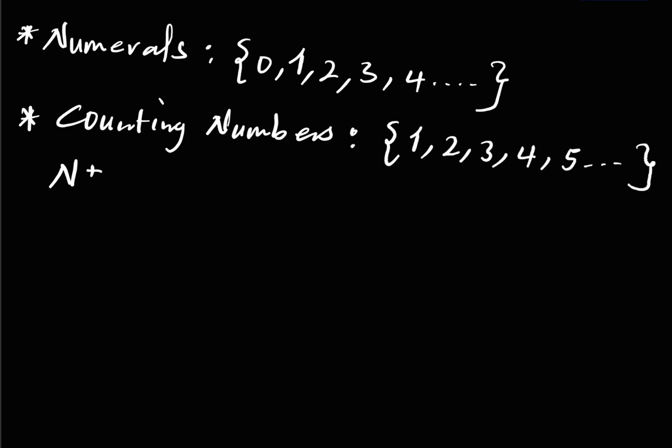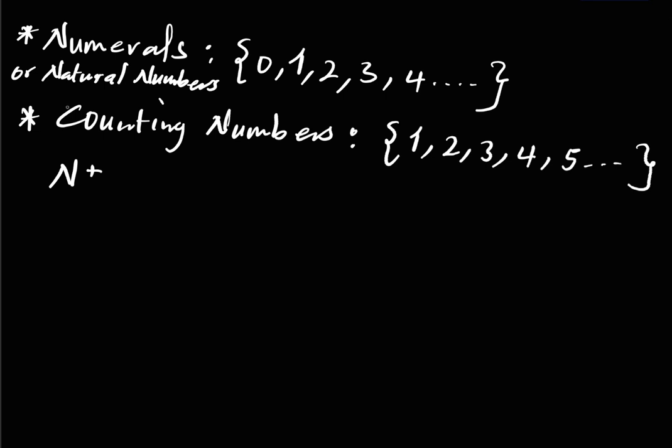Let me add that here: numerals or natural numbers, because they are the same. They start from 0, 1, 2, 3, and then the list continues. They are called natural numbers or numerals. So you might find in some books numerals and in some books natural numbers.